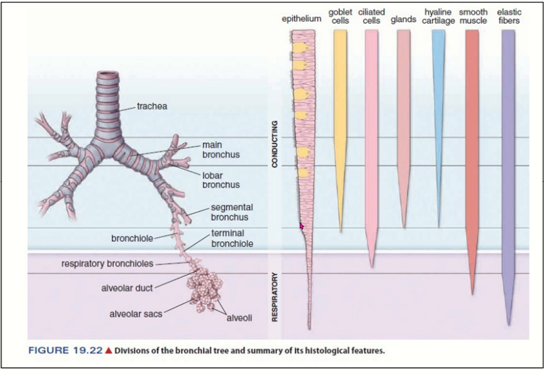Most of the conducting part's lining epithelium is pseudostratified ciliated columnar epithelium, and at the terminal bronchiole the lining epithelium becomes simple ciliated columnar epithelium. In the respiratory bronchiole it becomes simple cuboidal epithelium, and in the alveolar duct and alveoli it becomes simple squamous epithelium.